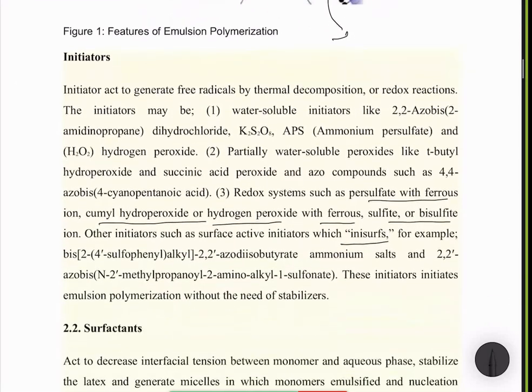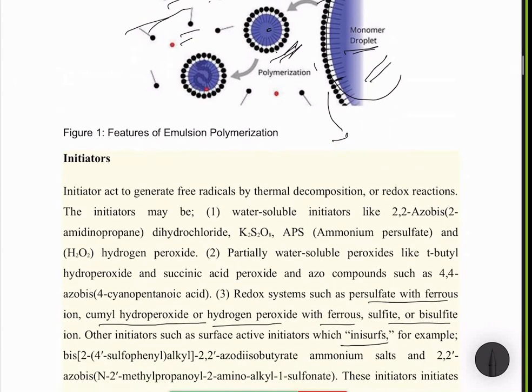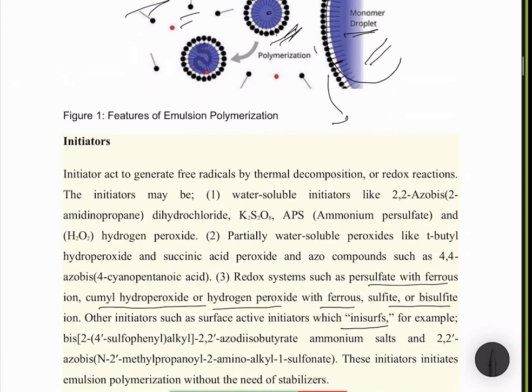Now, as we have free radical polymerization taking place, we would take free radical initiators, and typical water soluble initiators are potassium persulfate and ammonium persulfate. We also use partially water soluble peroxides like tert-butyl hydroperoxide, succinic acid peroxides, and some azo compounds as initiators.